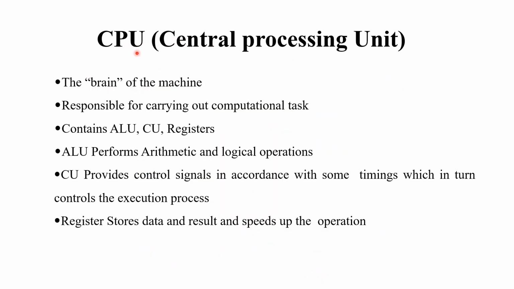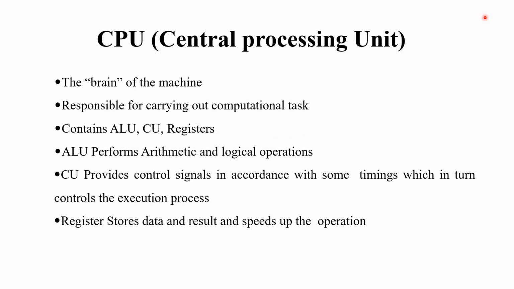The central processing unit, often called the brain of the computer, is responsible for executing instructions and processing data. The arithmetic and logic unit performs all arithmetic operations such as addition and subtraction, as well as logical operations like comparison.